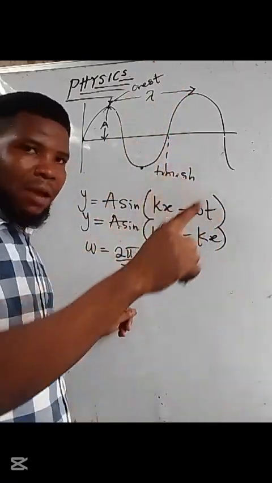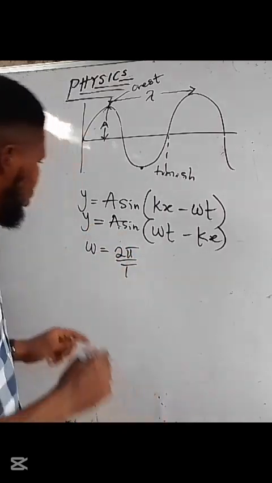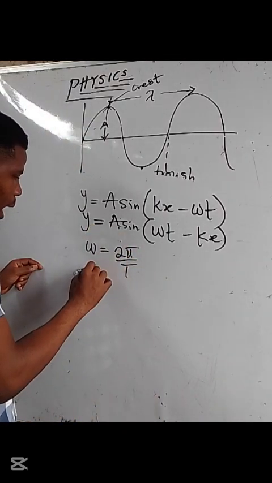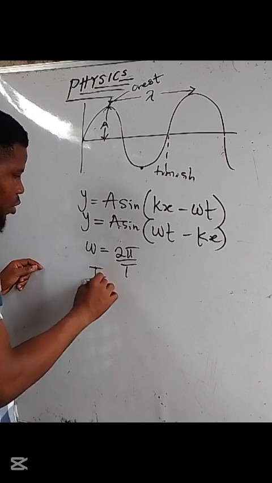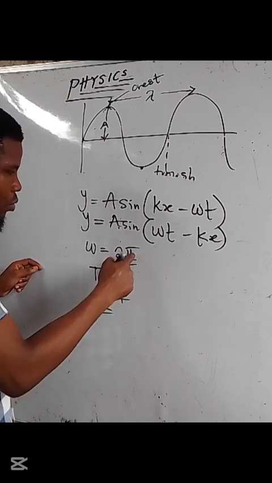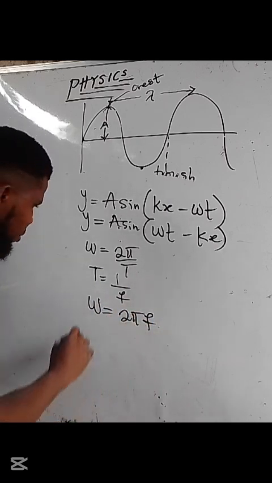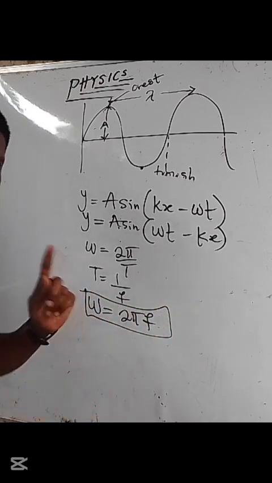So if you make one cycle, over the time you use to make one cycle, that is your angular velocity. So if period is 1 over frequency, it means that our angular velocity is now, when you slot this here, 2 pi f. Can you see that? 2 pi f. Take note of that.